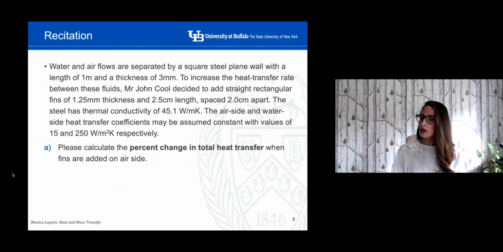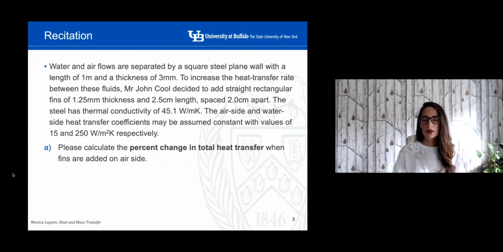As always, I would like you to try to solve this problem first on your own, and then you can compare with the solution that I'm about to solve, okay? But just to go over an overview of the problem: we have water and air separated by a steel plane wall with certain dimensions, and we need to calculate the percentage change when we add fins compared to the case when we don't have fins.